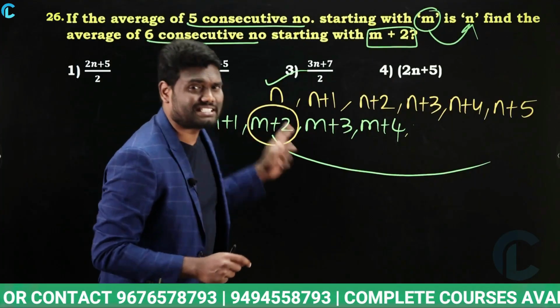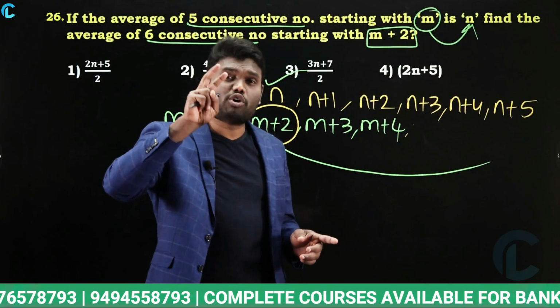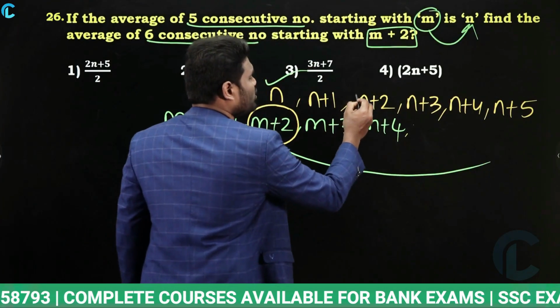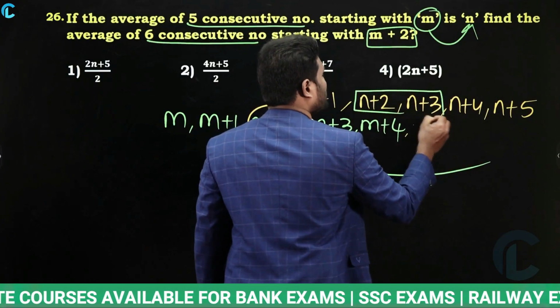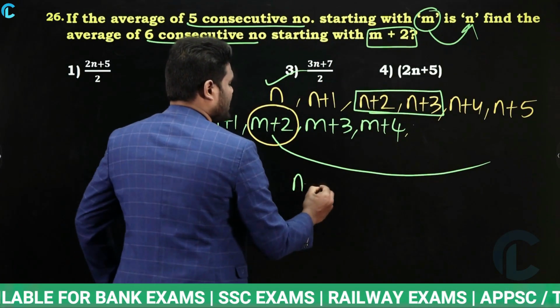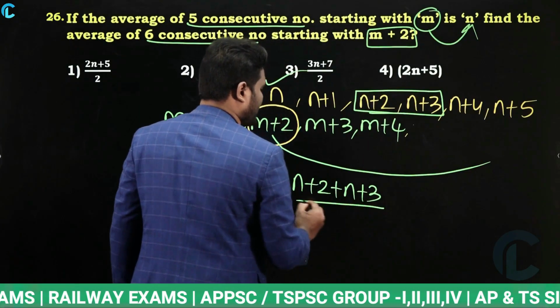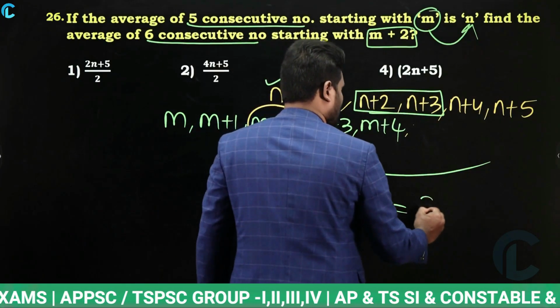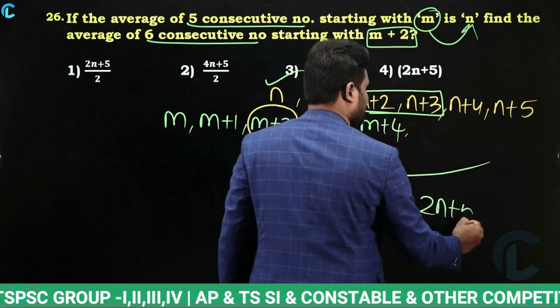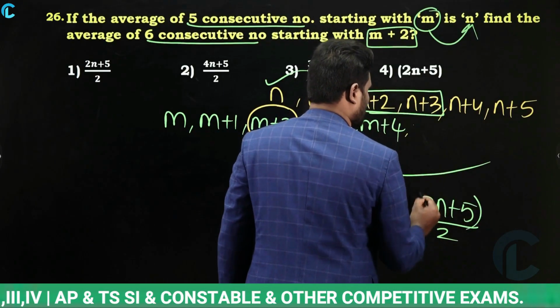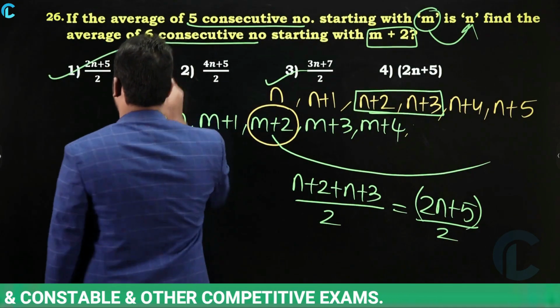These are the middle 2 numbers. Calculate the average: n plus 2 plus n plus 3 divided by 2. This is 2n plus 5 by 2, which is option 1.